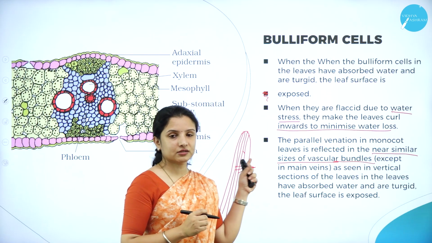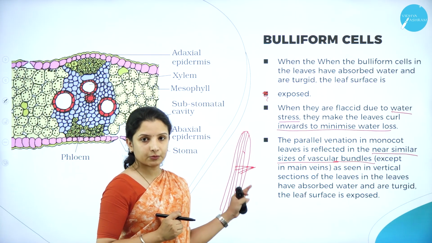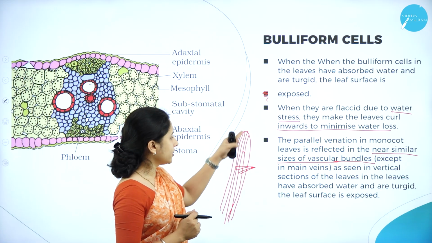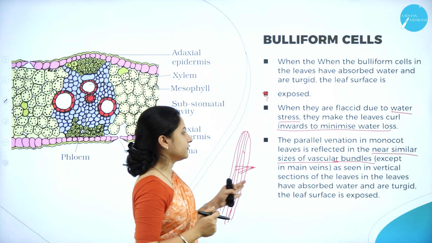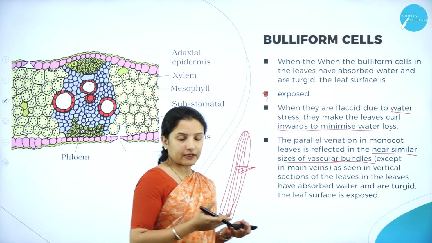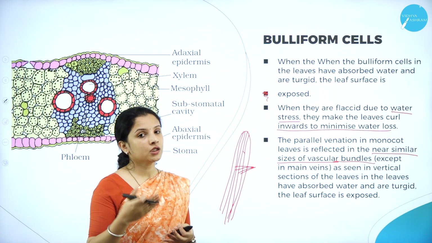So all the vascular bundles are almost of similar size because all the parallel veins are of similar size and thickness, unlike in dicotyledonous leaves.